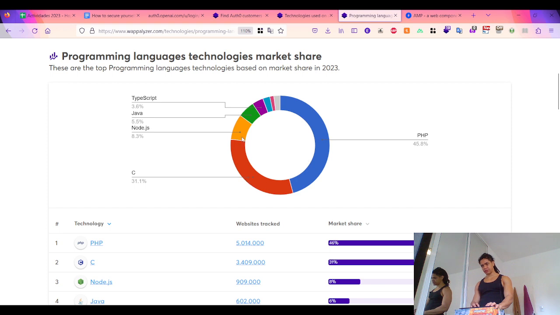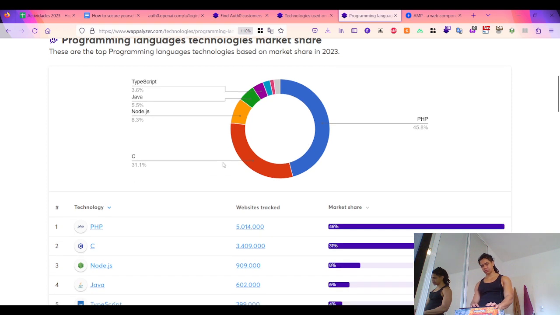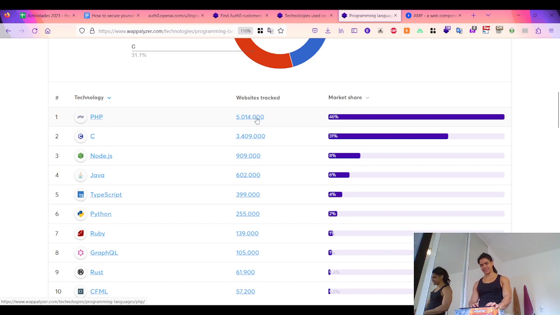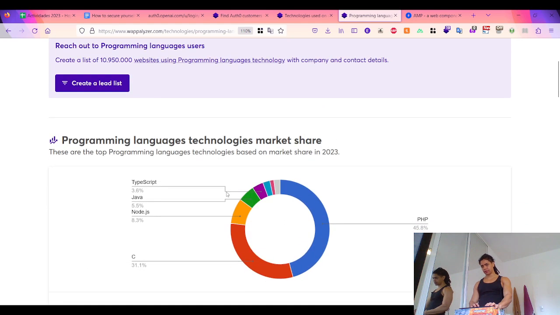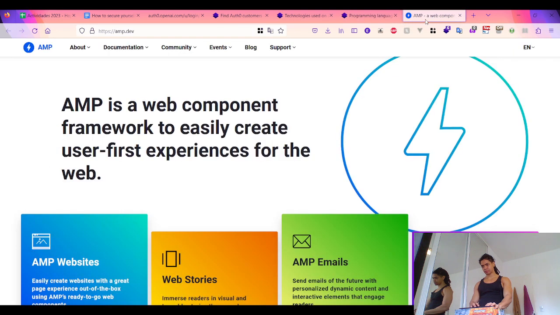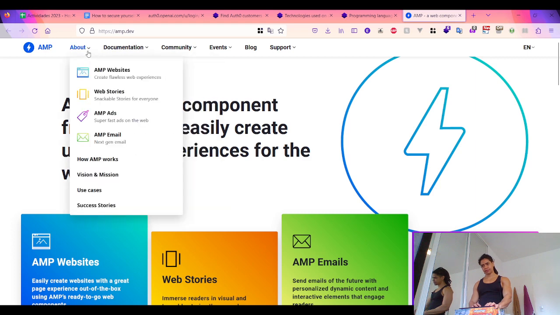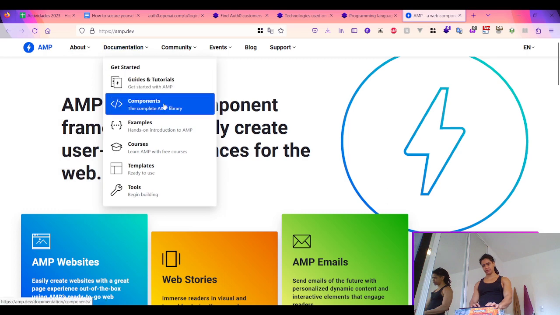PHP and C, Node.js and Java. Holy sh! Market shares: C, Node.js, and Node.js is gaining popularity here, man. I love it. TypeScript and Python, they're gaining popularity here, and also GraphQL. Interesting. Very, very interesting. It's a web component framework to easily create user-first experiences. Web stories, AMP, documentation.